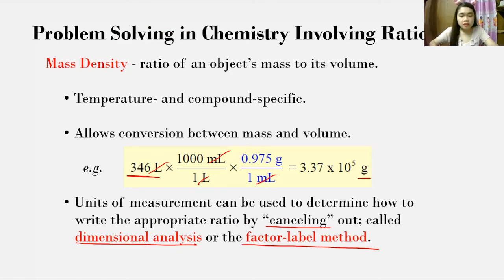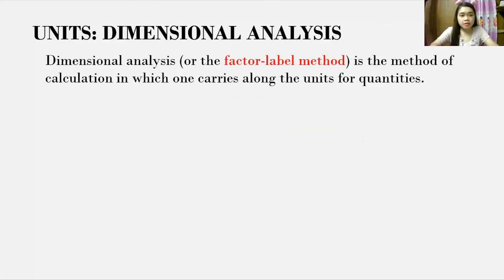So usually, dimensional analysis or the factor label method is a method of calculation in which one carries along the units of a quantity. This is a method that uses the fact that any number or expression can be multiplied by 1 without changing its value.